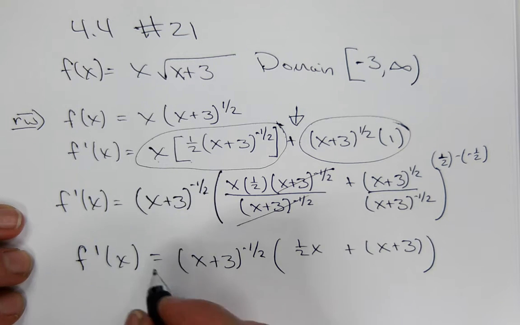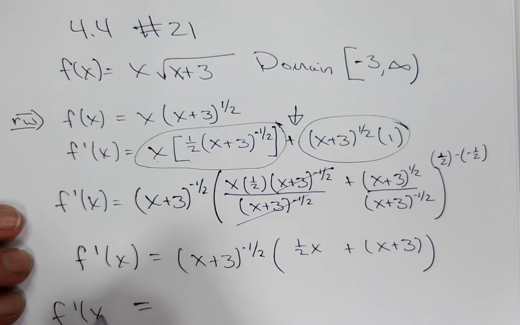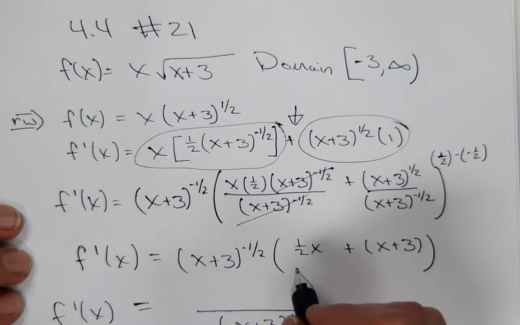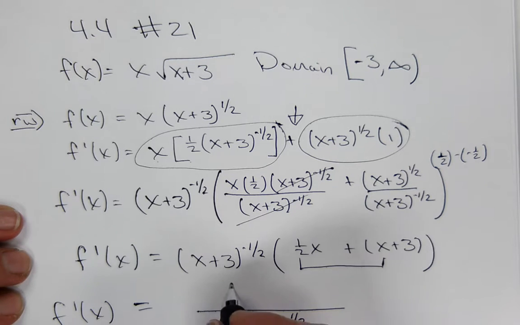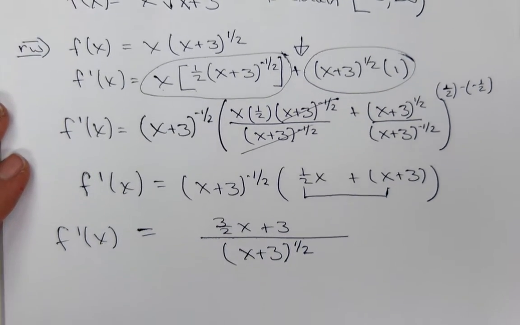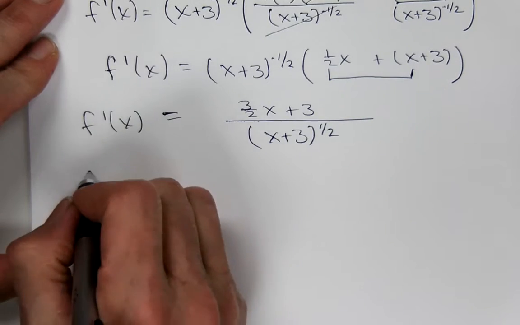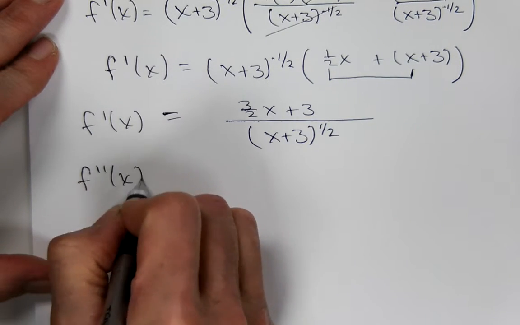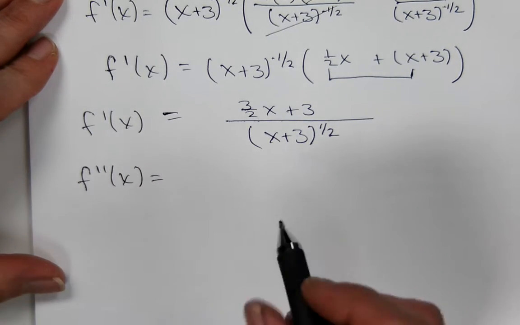And so this is going to be f prime of x is equal to (x plus 3) to the 1/2 in the denominator. Here I'll combine like terms, and that's 3/2 x plus 3 in the numerator. And now I will take the derivative again. I'm off the screen a little bit. So f double prime of x is equal to quotient rule.